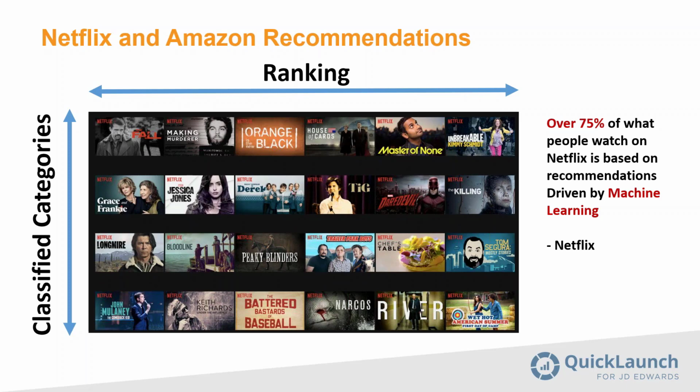So with Netflix, over 75% of the content that people watch is based on their recommendation algorithm, which uses machine learning models to rank and classify content based on what they think you're going to enjoy. And similar technology is used at Amazon and other online retailers to predict recommended items that are often sold together or related items that you might also be interested in.